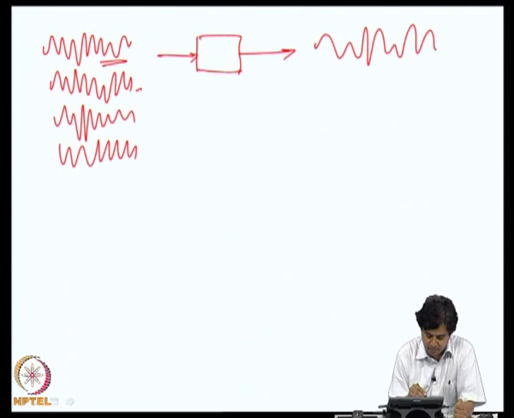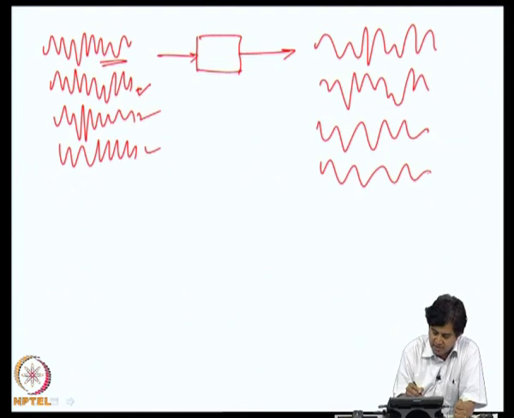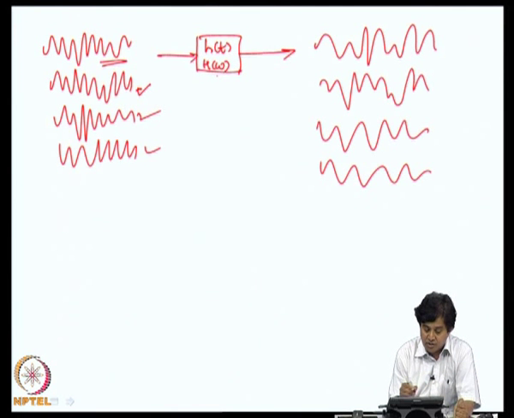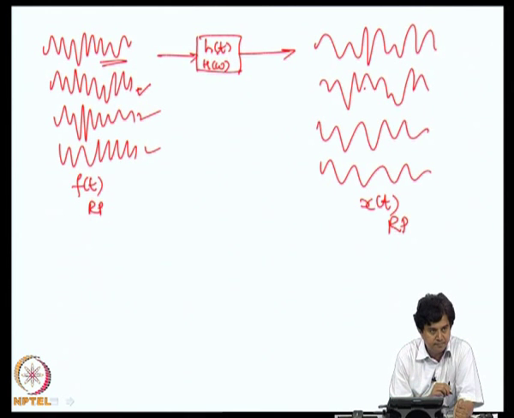This sample would produce one more response time history, and this sample will produce yet another one. This system itself is characterized in terms of h of t or H of omega or its equilibrium equation in the time domain. So, this will convolve with h of t and produce x of t, and this will convolve with h of t and produce this function. If f of t is a random process, x of t is also a random process.